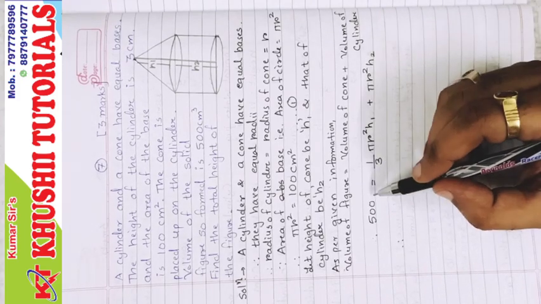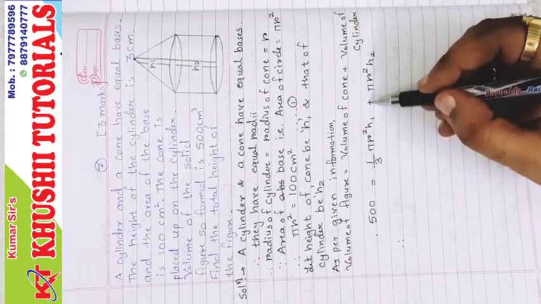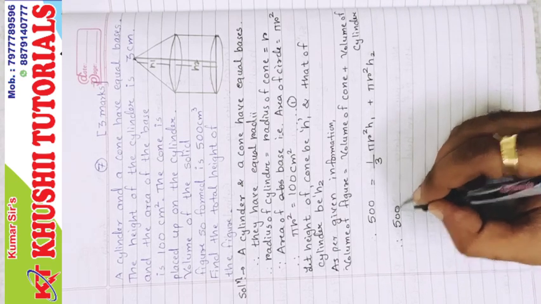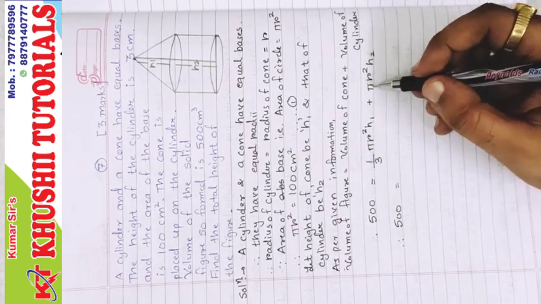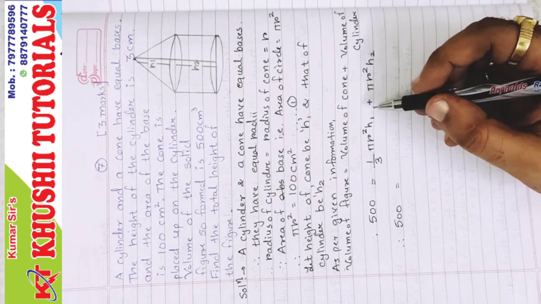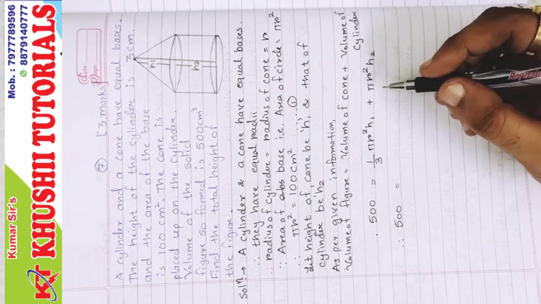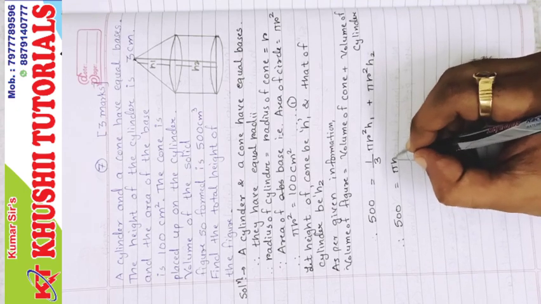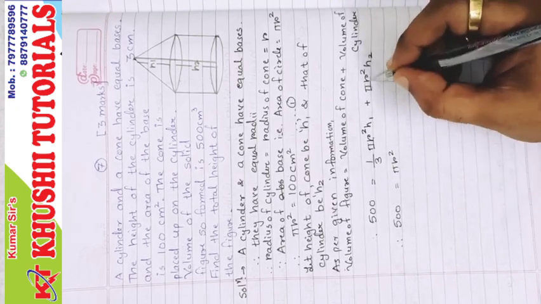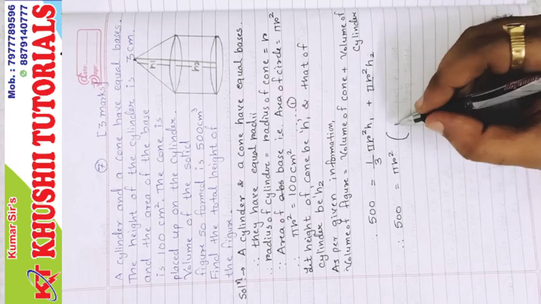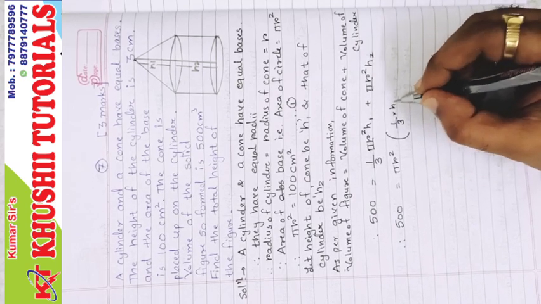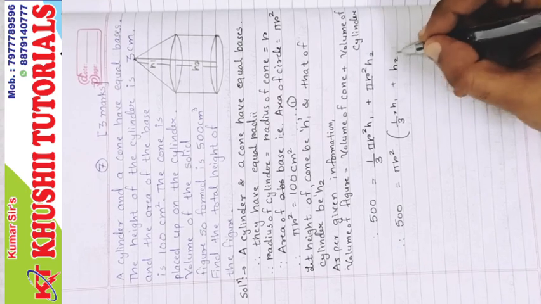Now here we have addition, so first we have to take out common. So 500 will remain 500, 1/3 you cannot take out common because there is no 1/3. So common is pi r square, so here 1/3 of h1 plus h2.